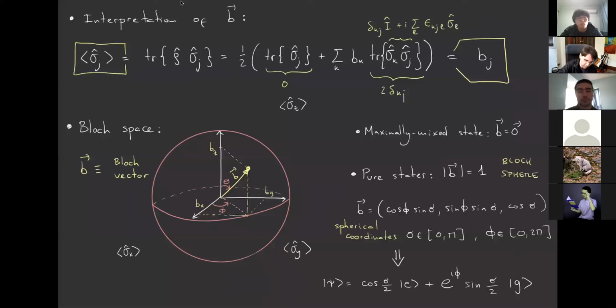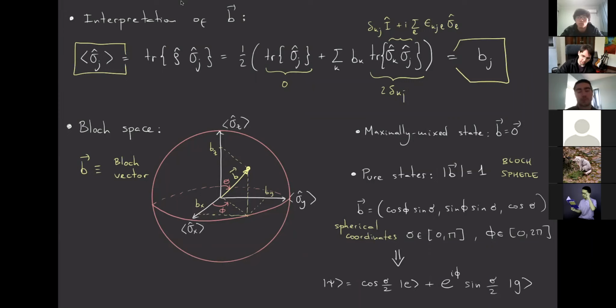Okay, so essentially all pure states lie in this Bloch sphere. And if you transform pure states into pure states, you will always make trajectories along this sphere.